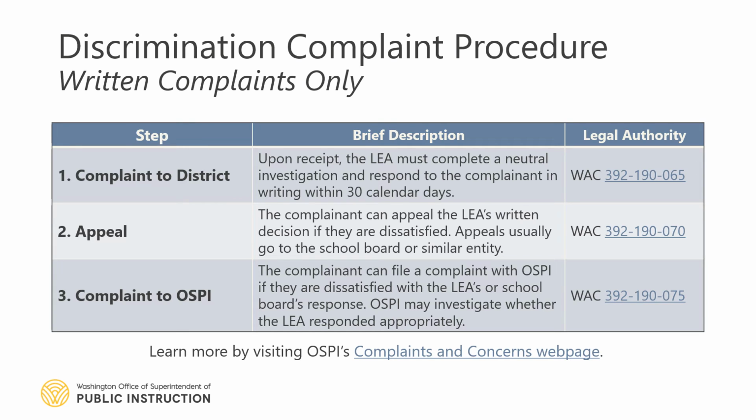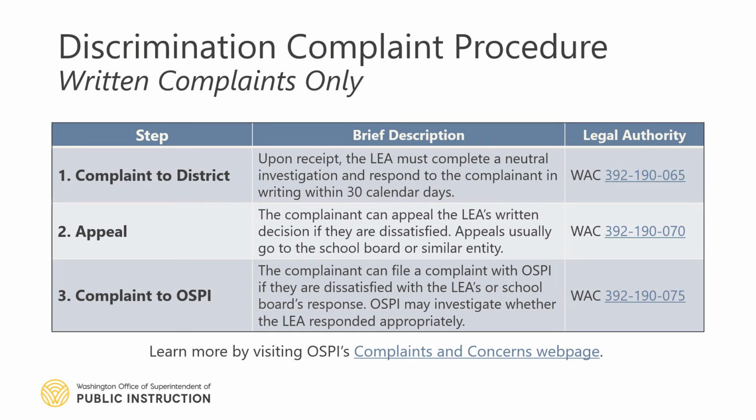Conduct an investigation, complete an investigative report, and respond in writing to the complainant. The written response must, at a minimum, include an investigative summary, whether a violation was found, any corrective actions put in place, and notice of the complainant's right to appeal. The school must send a copy of the written response to OSPI.